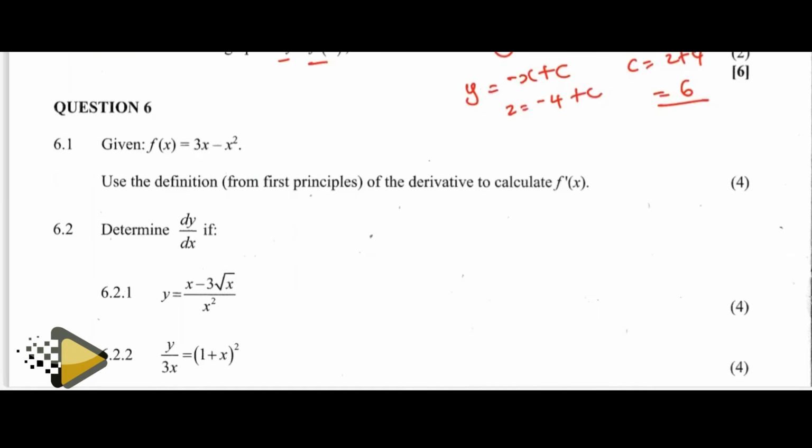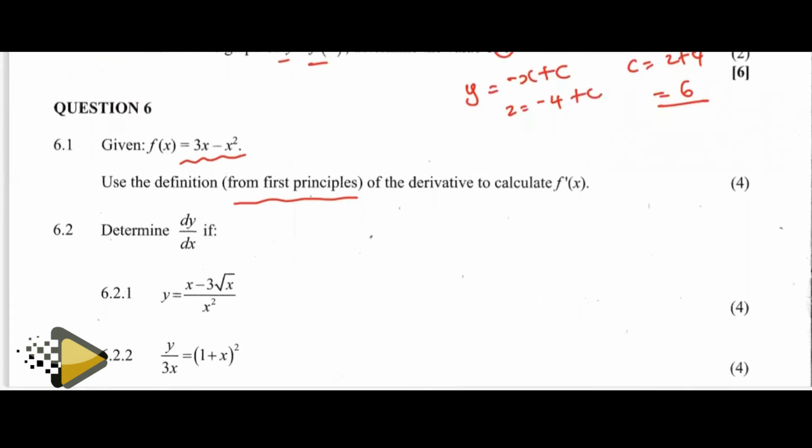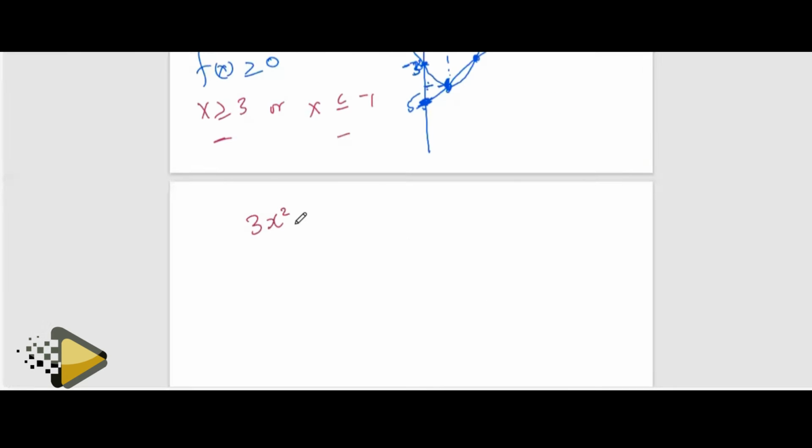6.1. This is calculus. What do they want us to do? Given 3x minus x squared, use the definition from first principles to differentiate this.